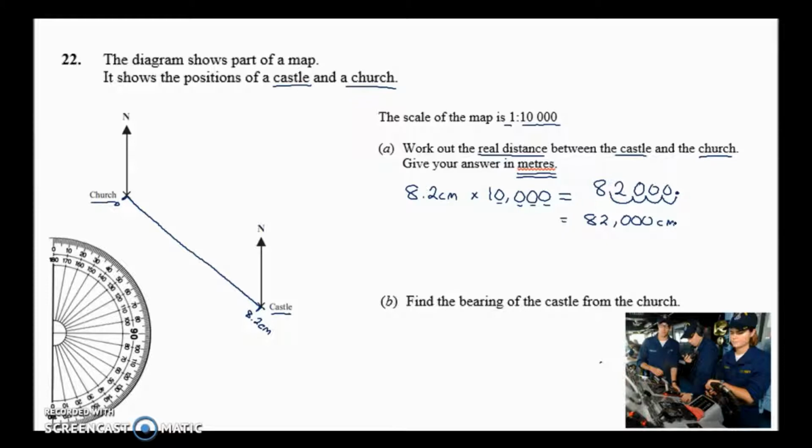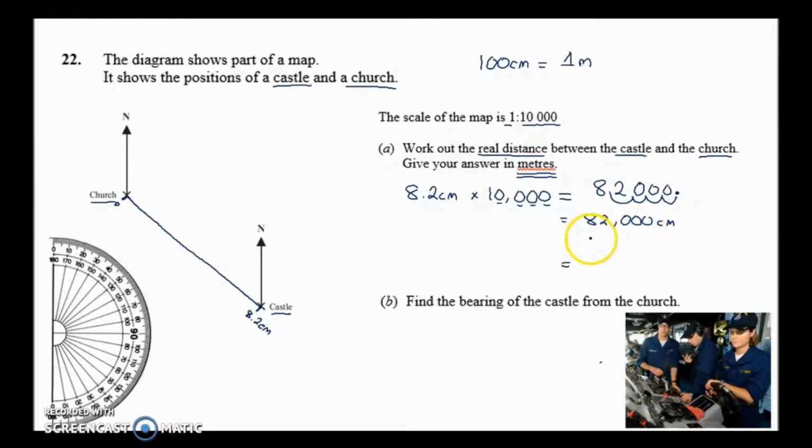Let's move on, shall we? No, let's reread the question. What does the answer actually want it in? It says give your answer in meters. Well, I've got mine in centimeters. So how many centimeters are in a meter? You should know 100 centimeters is 1 meter. So we'll end up with an answer that is less than what we've got, because we're going to use up 100 of these centimeters just to make 1 meter.